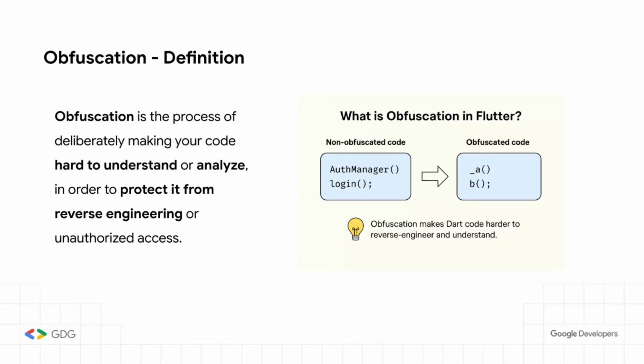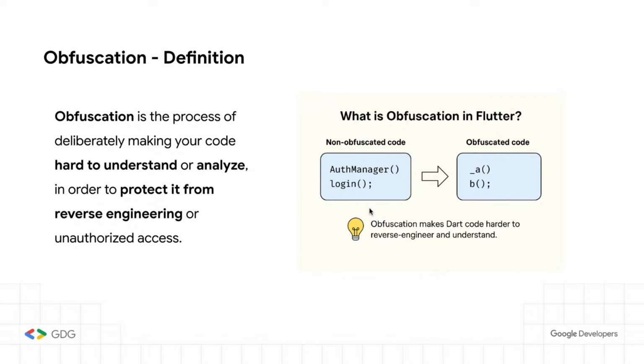Obfuscation is a type of security measure where you are going to alter your code in such a way that the names of the classes and methods will be altered. So I have a sample diagram here to make you understand better.